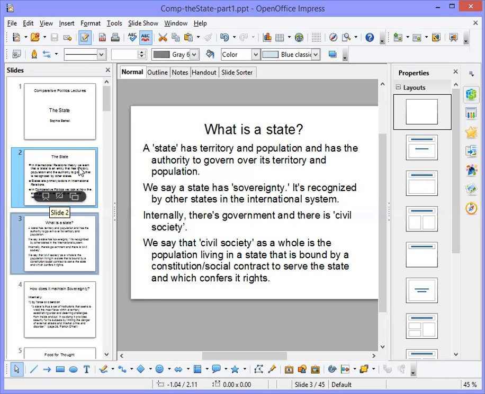So we're saying that the people just don't live here. They made a pact with the government, or the state rather, to serve the state peacefully. Maybe they will have some protest, maybe they will exercise some freedom of speech, but at the end of the day, they're not having a civil war, okay?